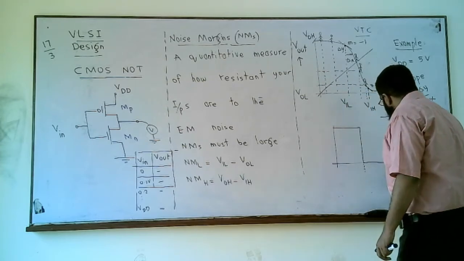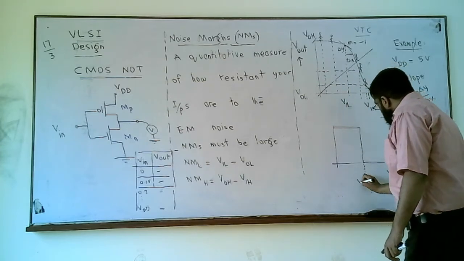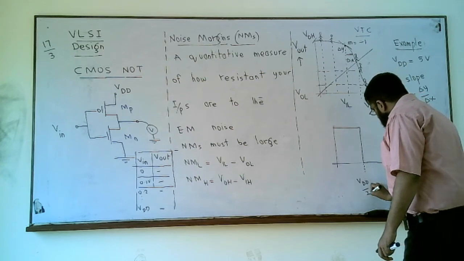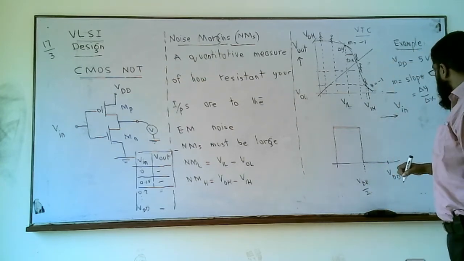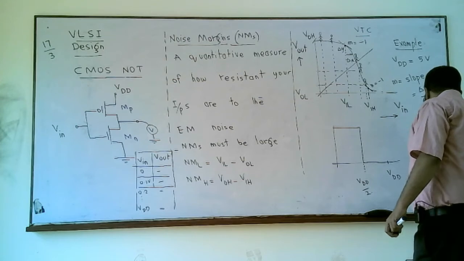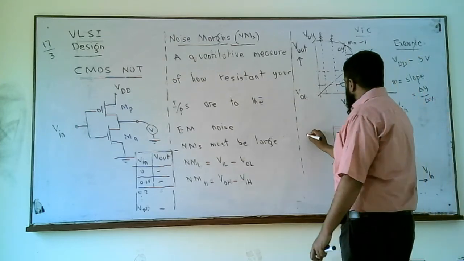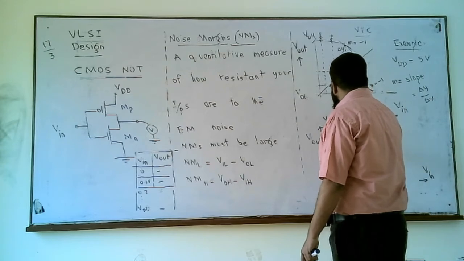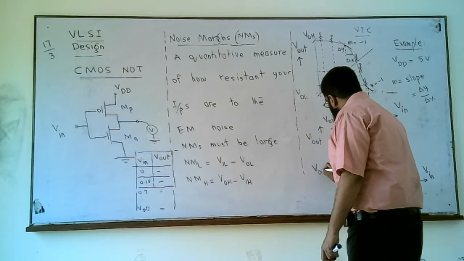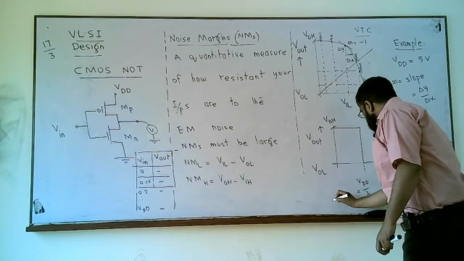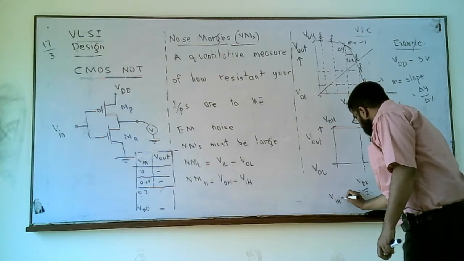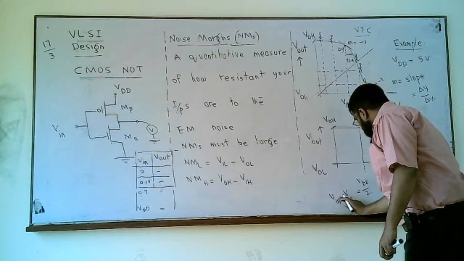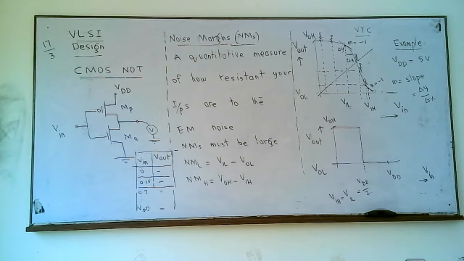Maybe this is VDD and this is VDD by 2. To make these two noise margins large, V input high should be equal to V input low, equal to VDD by 2.